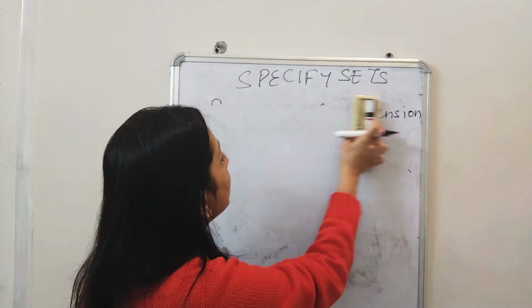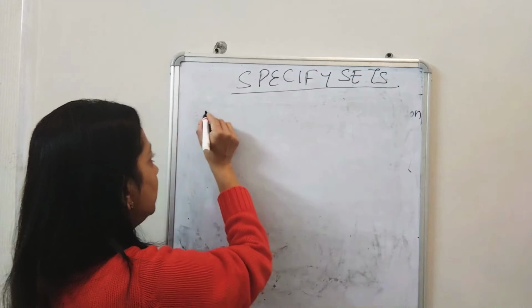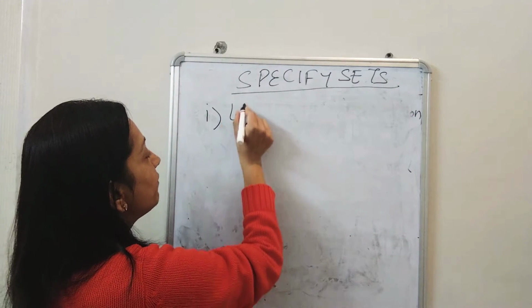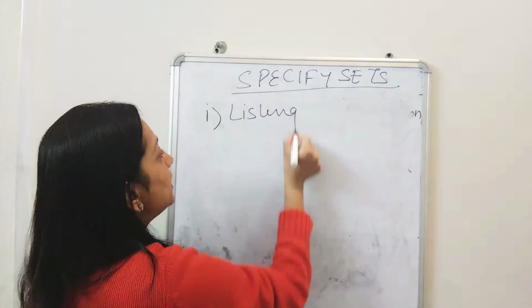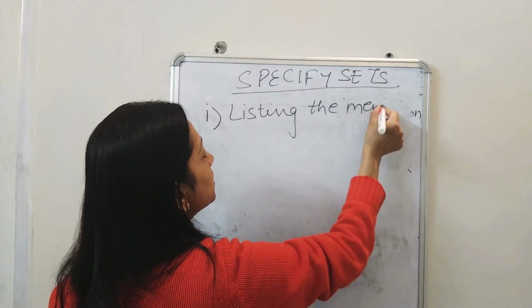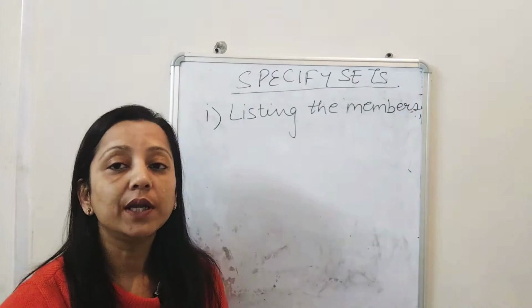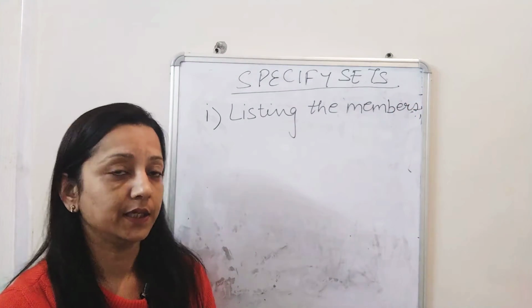Alright, now moving ahead, the two different ways of specifying sets. The first way of specifying sets is by listing the members. You list out all the members of that set.